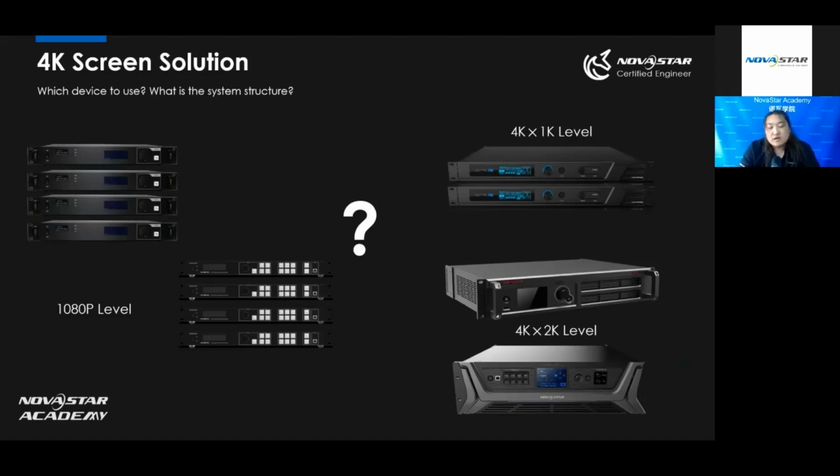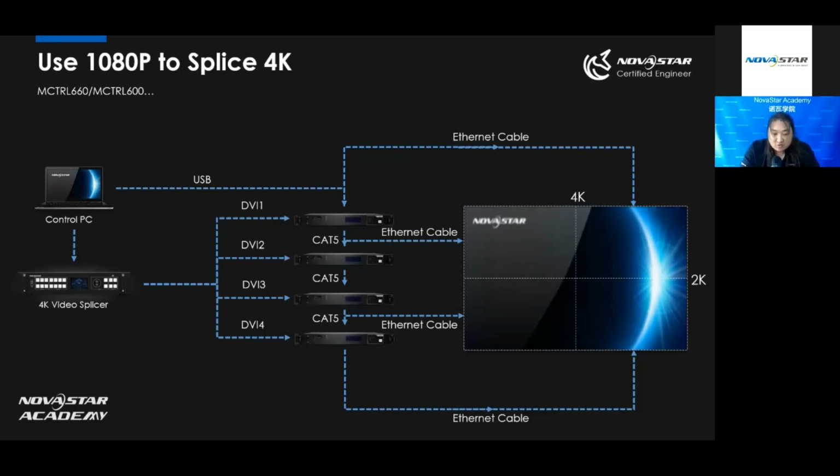All right, what if we are going to use the 660? Let's see the diagram here. For the 4K screen, if we are going to use a pure sending card controller like the 660, what should we do? First, we need the control PC to give the video source to the video splicer, and then the video splicer gives the video out to the pure sending cards and does the mosaic.